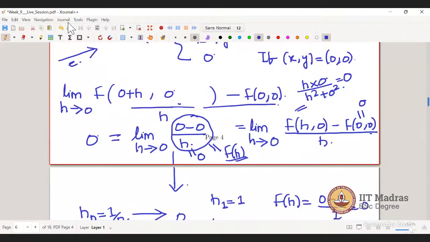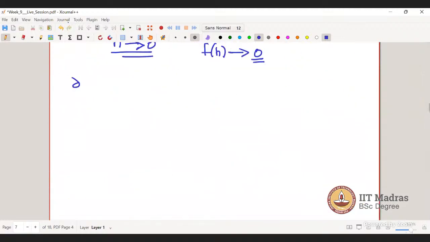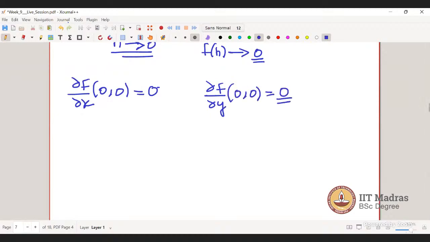So that's why the partial derivative of f with respect to x at the point (0,0) is 0. And similarly, you can compute that the partial derivative of f with respect to y at the point (0,0) is also 0. So is there any other function where it is defined as 0 or some other value, but the derivative is not 0?